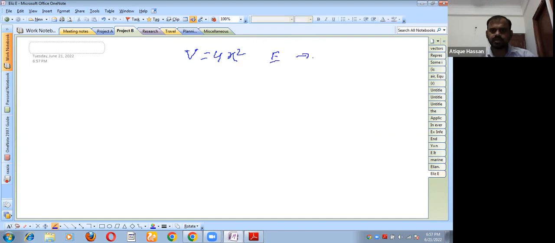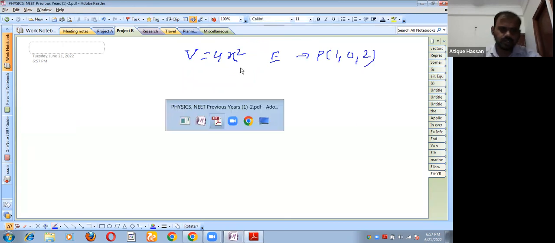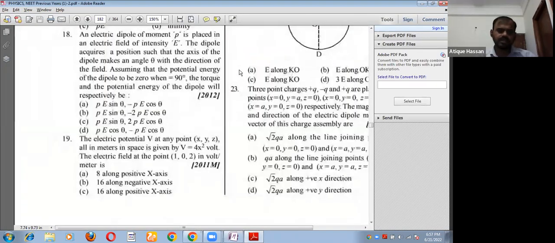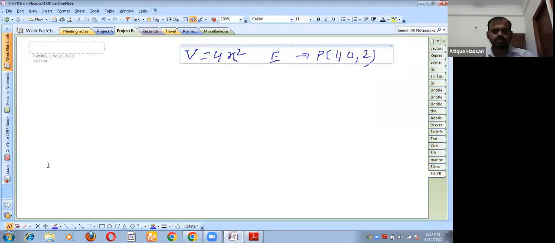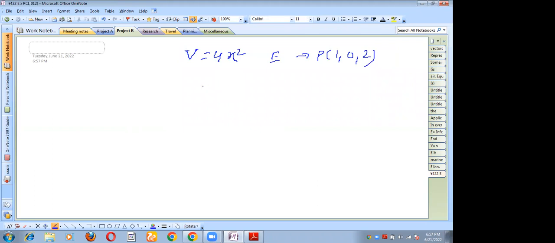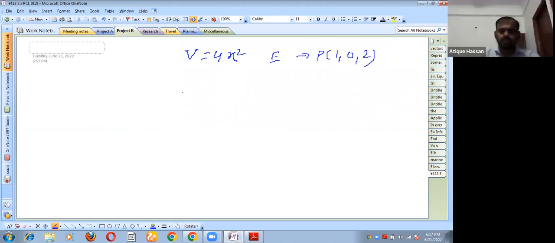Suppose there is a point P, and 1, 0, 2 is the coordinate of that point. So we have to find the electric field, right? Got the question? Yes, sir. Okay. So can you give some clue how to solve this question? Anything comes to your mind?